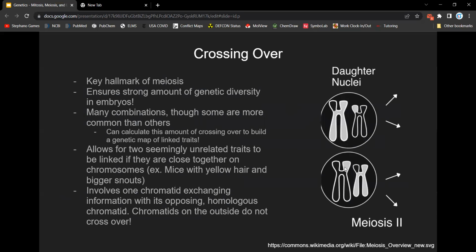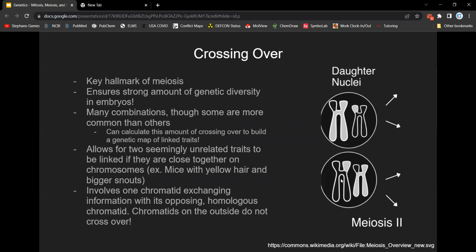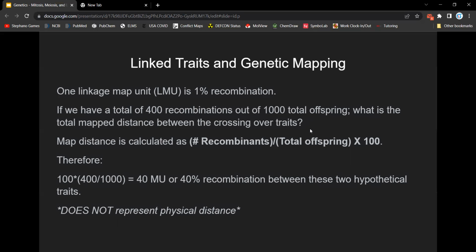So if we go back to this chromosome right here, and let's say there's a trait right here and a trait right over here on these chromatids, the chance of them crossing over is determined, genetically speaking, by that percent chance of recombination, this physical recombination. The higher the chance of that, the more linked they're going to be, and the higher chance of recombination there's going to be.